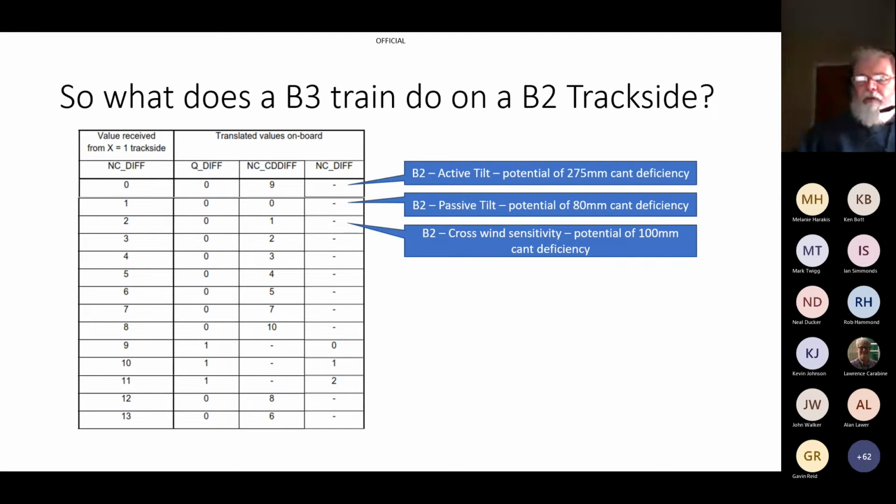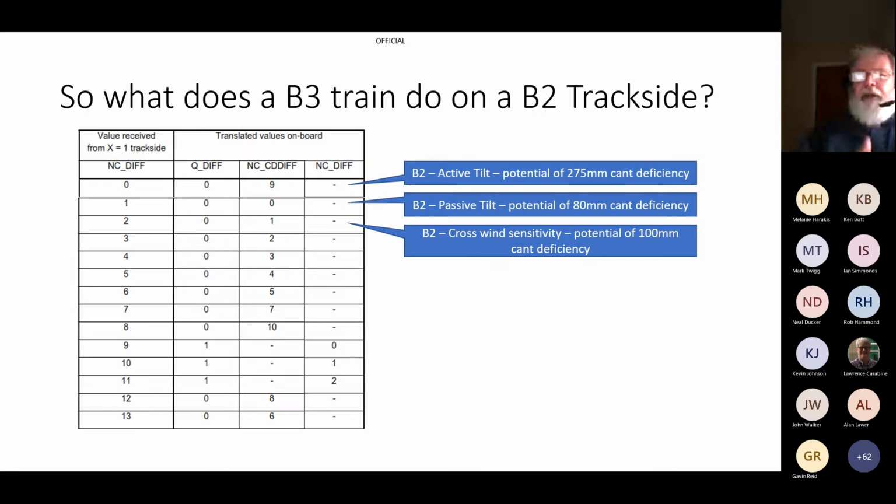So x equals 1 of 0 translates to an active tilt, and that is basically having a potential of a 275 millimeter cant deficiency, which means that NC_CDdiff is set to 9. Passive tilt, it's a potential of 80 millimeter cant deficiency, so it's set to 0, and a crosswind sensitivity is set to 1, and that's potential of 100.